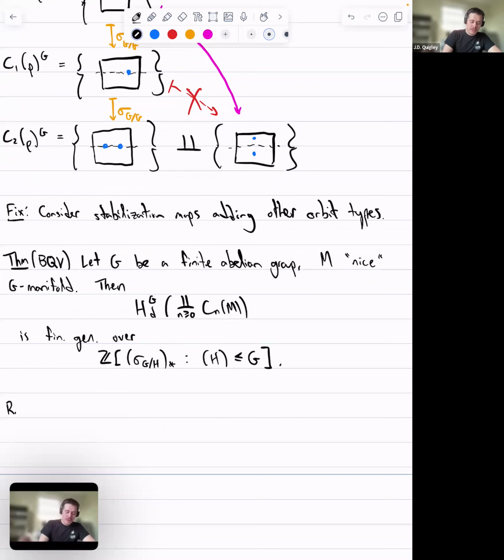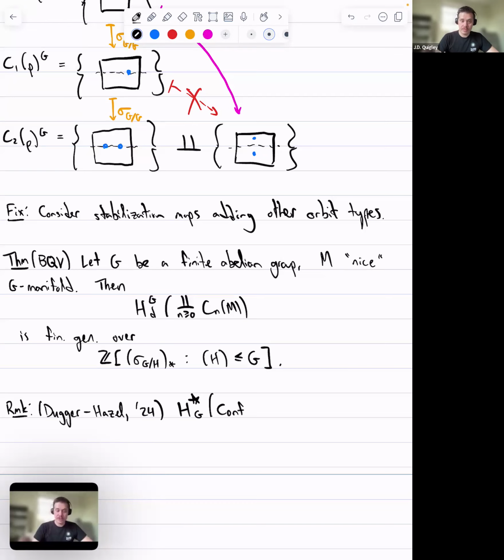I want to give one quick remark. There's related work that came out just a few weeks ago of Dan Dugger and Christy Hazel. So what they did was compute the RO(G)-graded Bredon cohomology of ordered configurations of points inside of certain G representations.